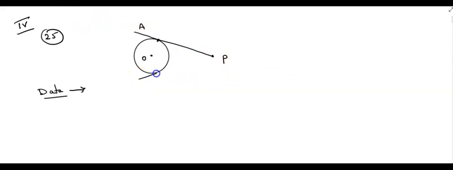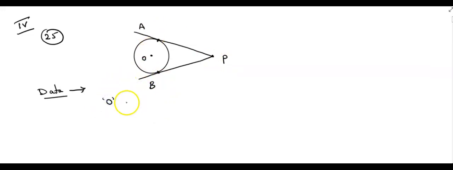Similarly, let me draw one more tangent. Actually, it should come like this. This is a tangent which is touching the circle at a point. Let me assume this point is B. So we have drawn the tangent, right?